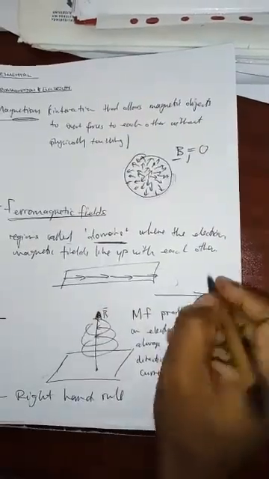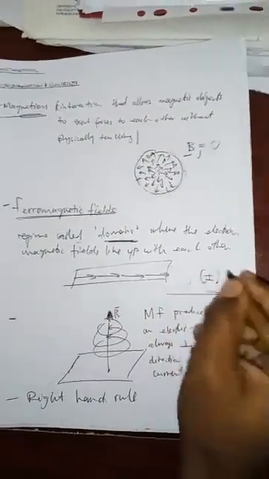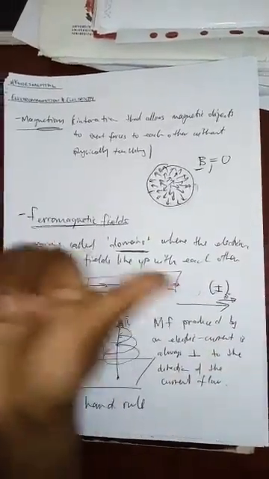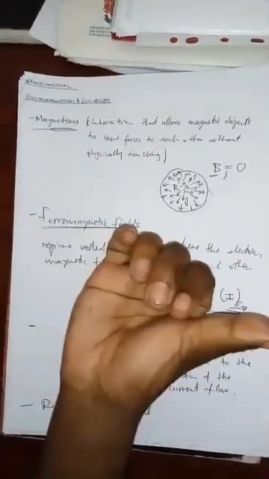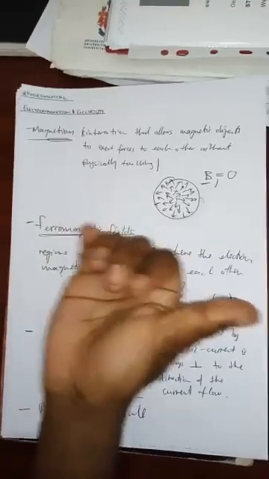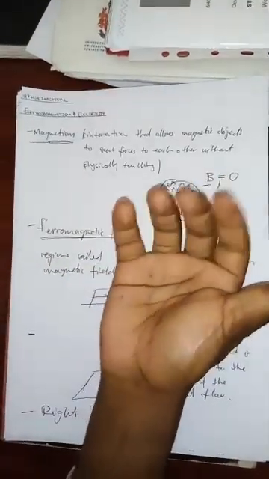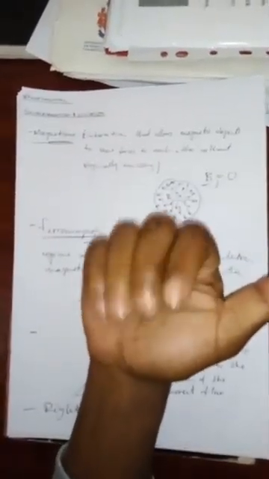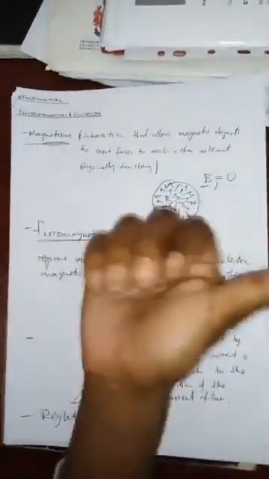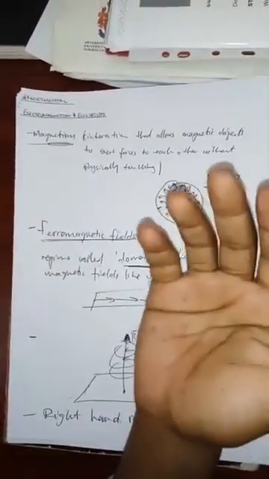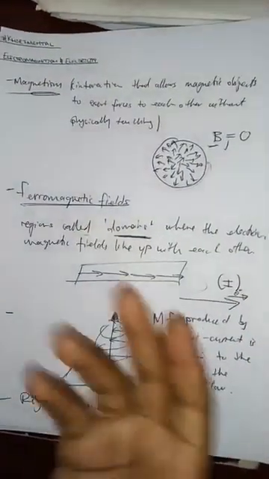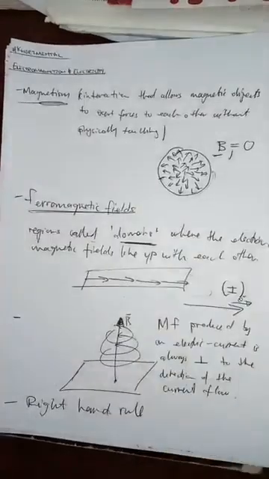But if that is the direction of the current, which we denote as I, or the electron flows this direction, the direction of the current would be denoted by the direction of your thumb, and then your curly fingers would show you the direction of the magnetic field. So in this case, the magnetic field would be this direction, because the current is this direction. And conversely, if you are given the direction of the magnetic field, you can get the direction of the current, which should be the direction of your thumb.